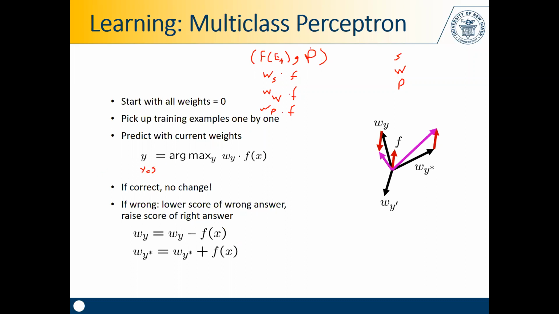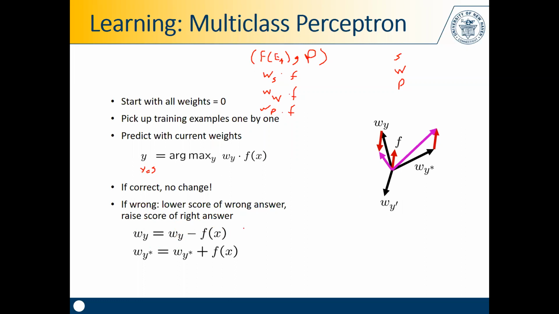Because we know the correct label, the correct class is P. Now, what we are going to do to adjust our model, or nudge our model, towards a correct classification of this sample is, first, we say there is too much emphasis on the spam class for this feature vector. So let's reduce that emphasis through this reduction.